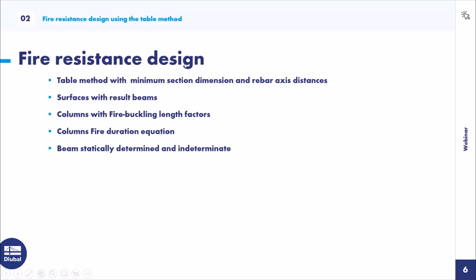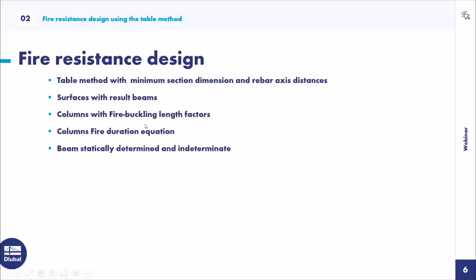So we have activated it in RFEM 6 now, and what we can do with the fire resistance design: at the time we have a table method with minimum section dimensions and rebar axis distances, and RFEM proves if these two parameters fit for the design check. Then I will show you the building model, the surface with result beams, with the shear wall.